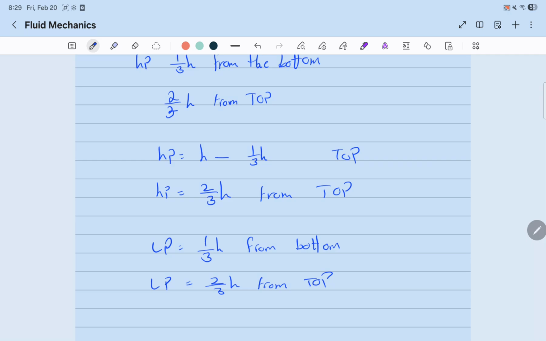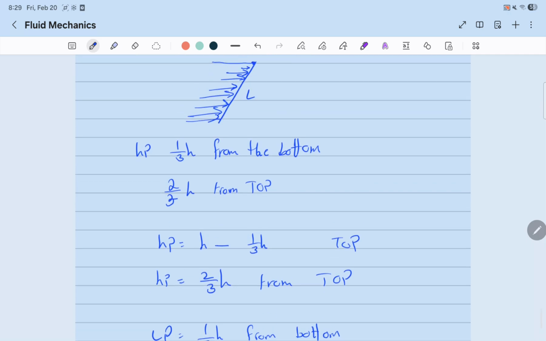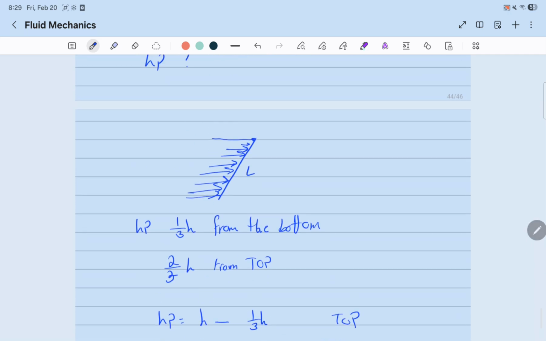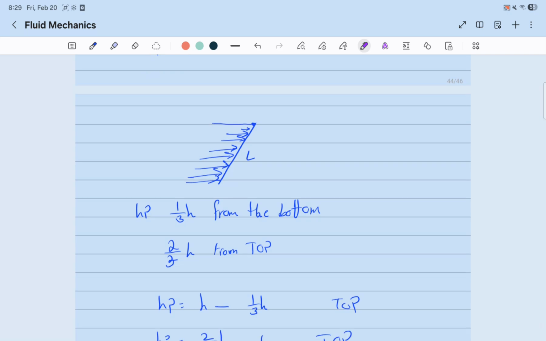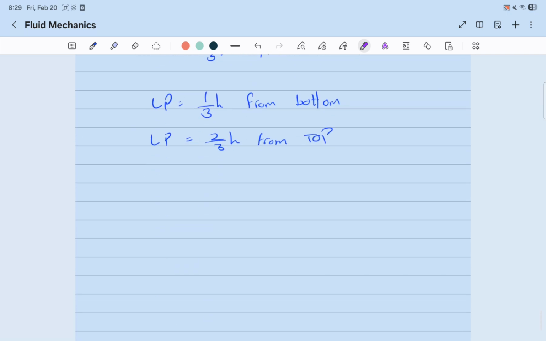Okay, that's it for this class. This is a pretty simple example, but when we get into submerged planes with irregular shapes, something that looks like this, for example, we'll see it in the next class, hopefully.